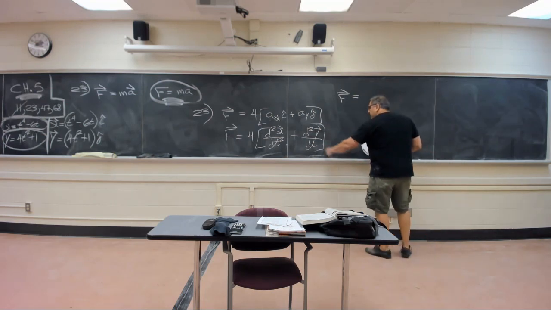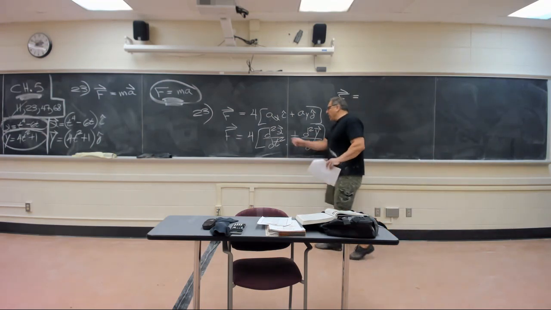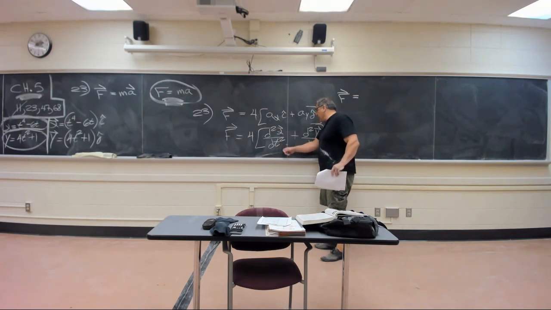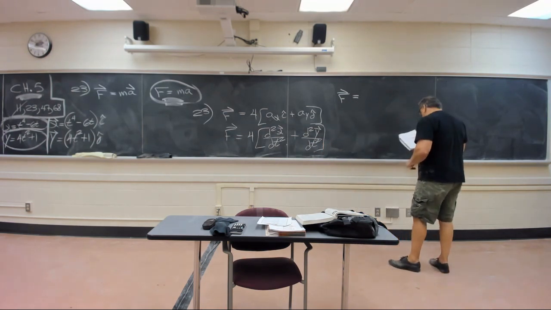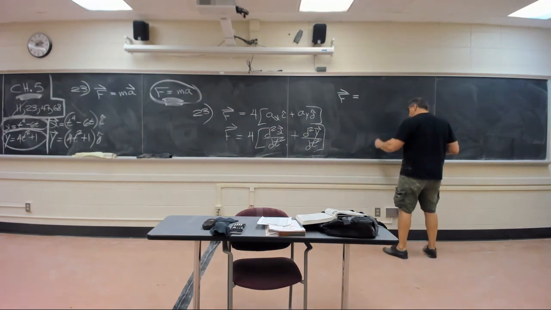What's going on here? d squared x vector dt squared plus d squared y vector dt squared also. Is there another way we can write that?